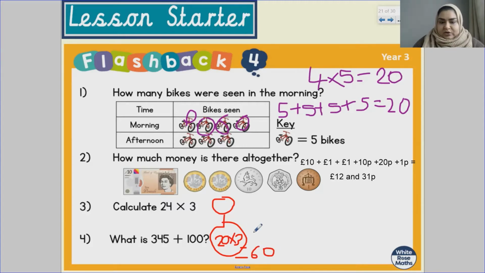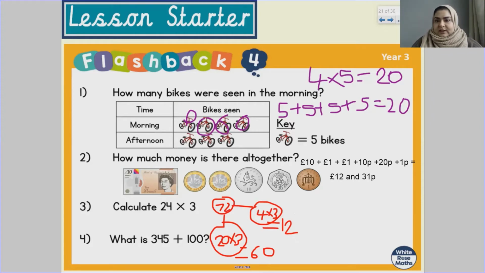And then you could have done 3 times 4, because I have the ones as well. So 4 times 3, which is 12. And then you add them together. So 60 add 12 is 72. So your answer is 72.